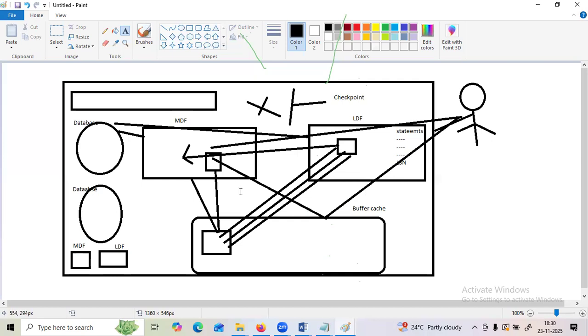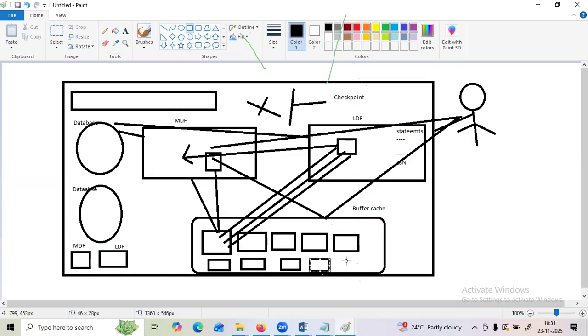So now we can go for one more scenario, where we have more data pages queued. The buffer cache is having the transaction: the user is sending the record, and it is picking it from the disk and keeping it in the buffer cache, and in parallel keeping it in the LDF.